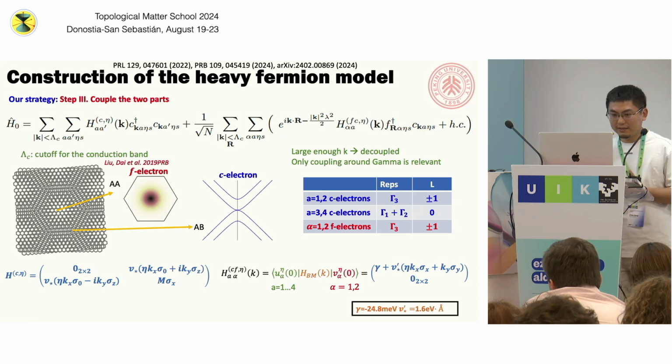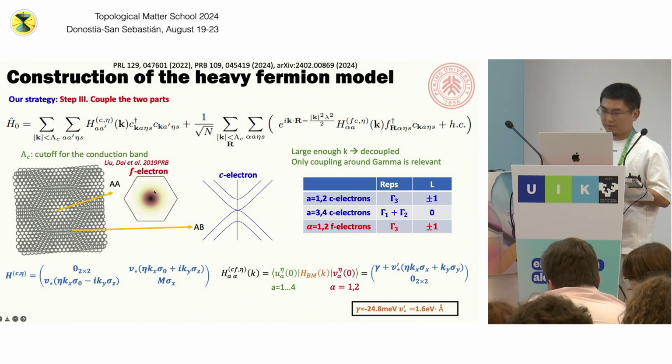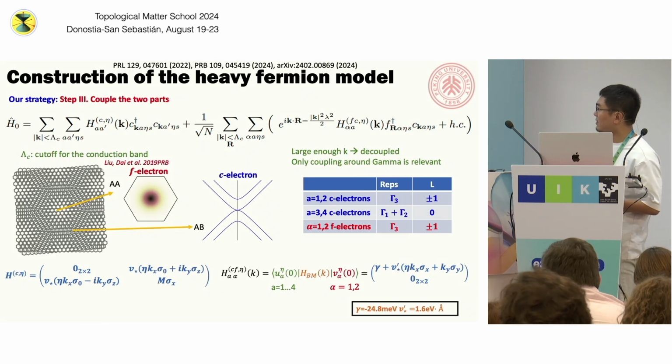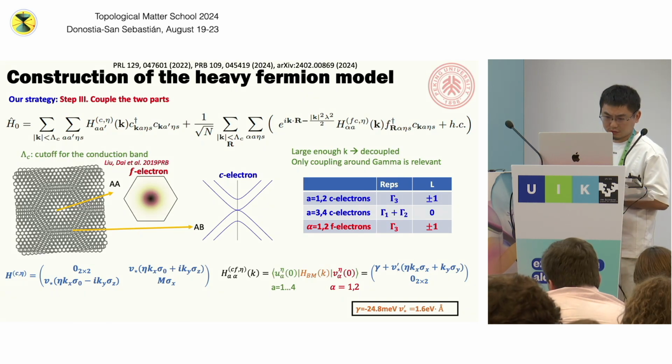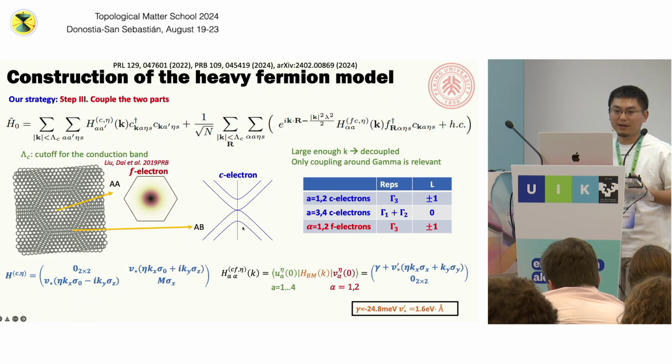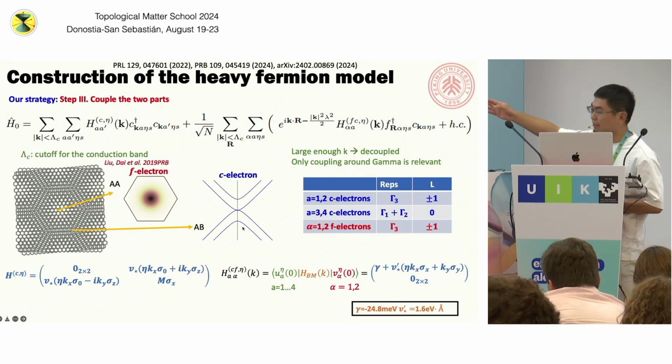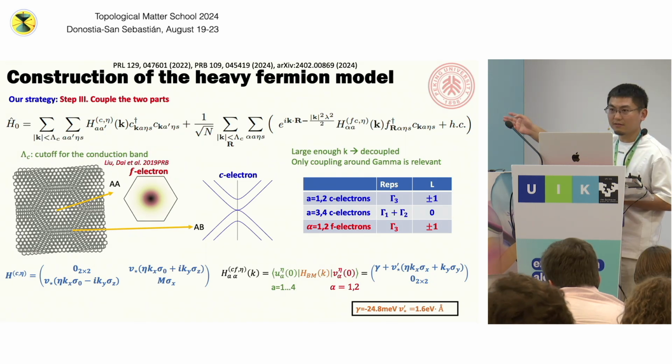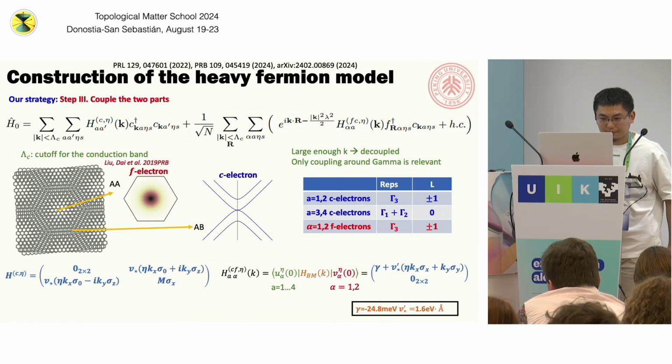So at each AA stacking region, per valley per spin, we have two localized Wannier functions. We term them the f electrons, and they are very localized. And at the AB stacking regions, there are the delocalized Dirac fermions. And the full system should be realized by coupling these two different kinds of carriers.